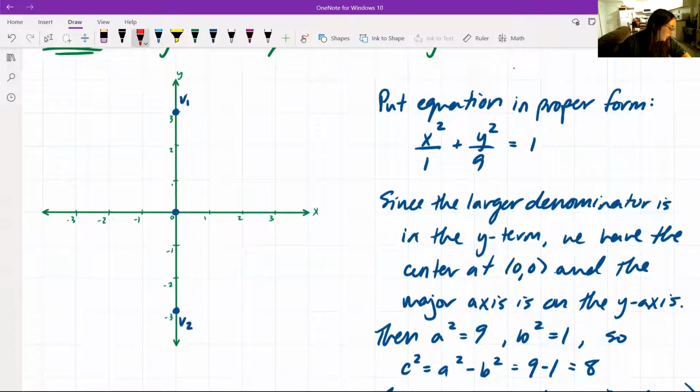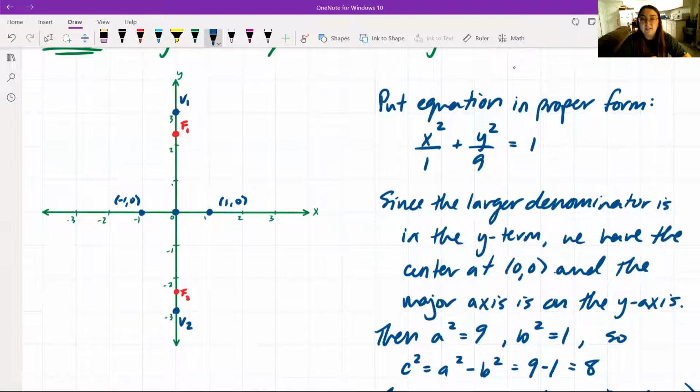Those values are going to come out to a little bit more than 2, but not 3. So probably about right here. So this will be F1 and F2. So we have our center, our vertices, our foci, and now we just need our x-intercepts, which we know are at 1, 0, and negative 1, 0.